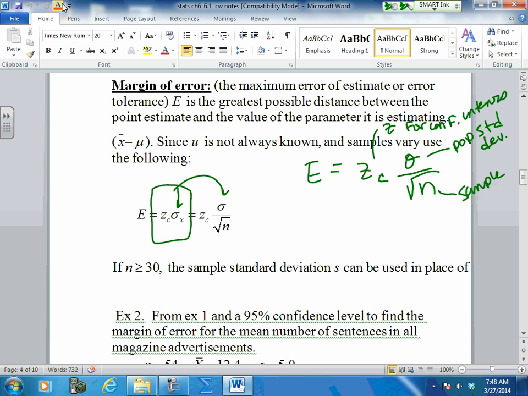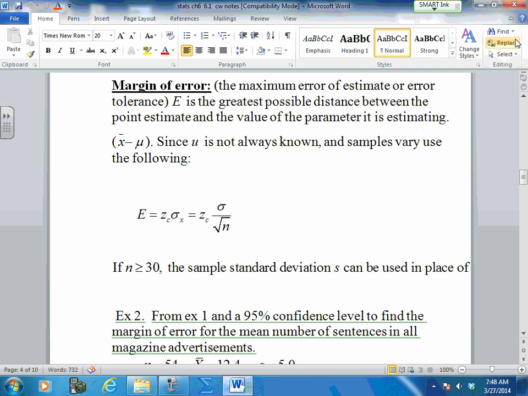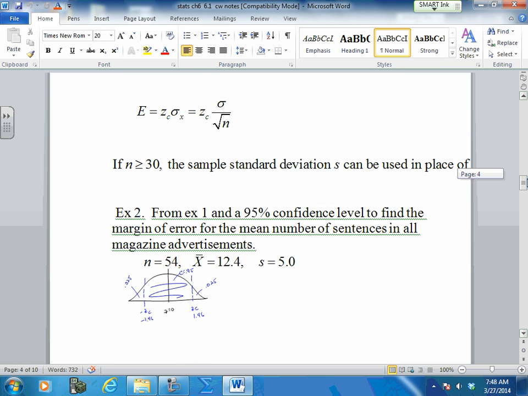All right, so we're going to use this formula, and we're going to find the margin of error for some of these things over here. I'm just going to slide this down slightly so we can find your margin of error for this guy. From example 1, at a 95% confidence level, we want to build a margin of error for the mean number of sentences.